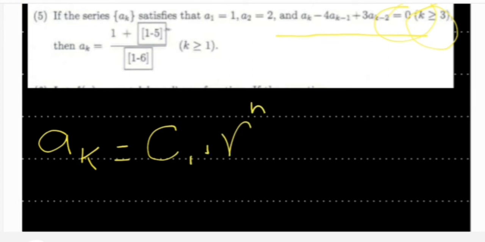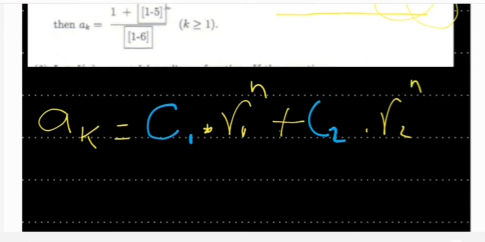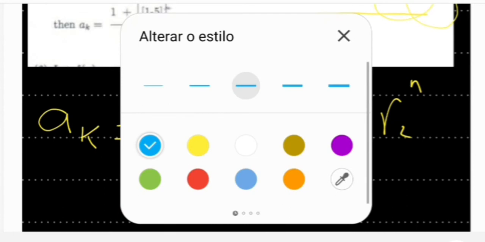Look, we can say that a_k is equal to some constant c1 multiplied by r1 to the n, plus a constant c2 multiplied by r2 to the n. And in a second I will tell you what r1 and r2 are, okay?